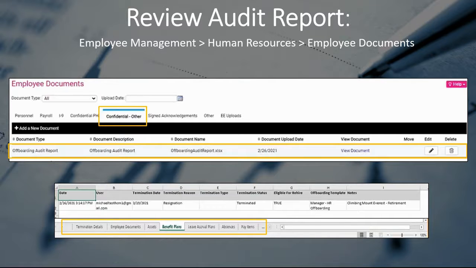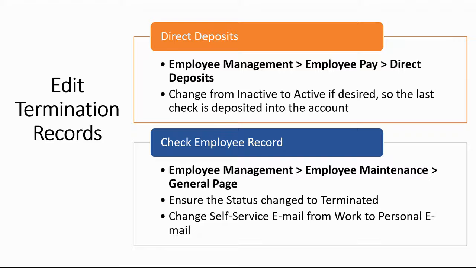Across the top, I can clearly see the date that this happened, the user, the termination date and reason, as well as if this person is truly terminated, eligible for rehire, which offboarding template was used, and the notes. So this makes it very easy for the administrator, after it's all said and done, to come in and look at everyone's work just to make sure everything went through properly.